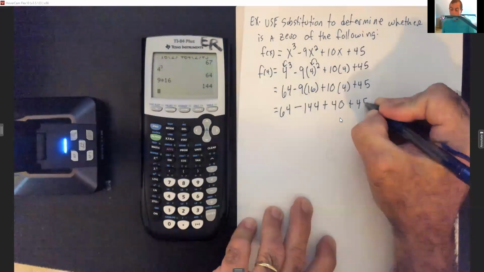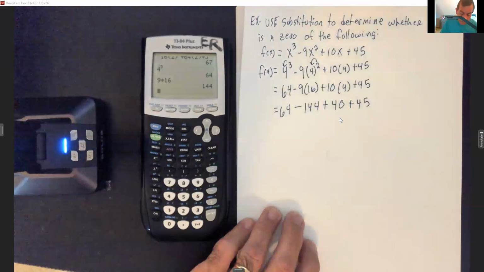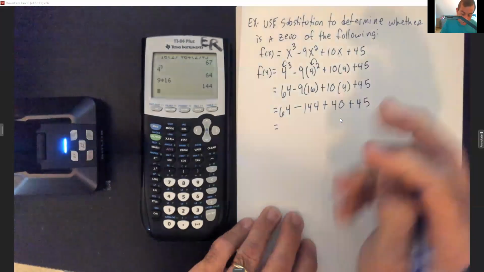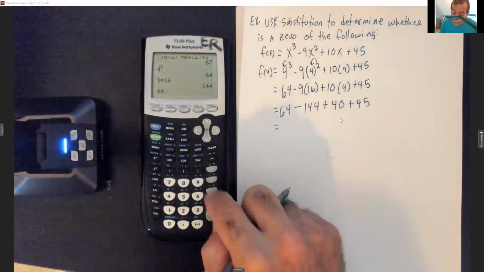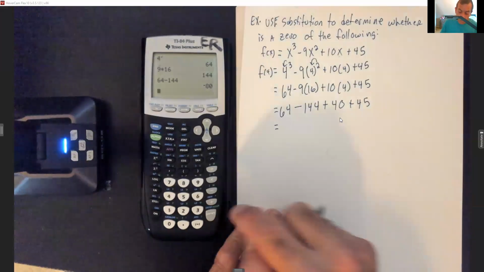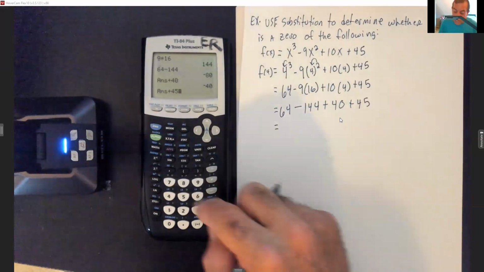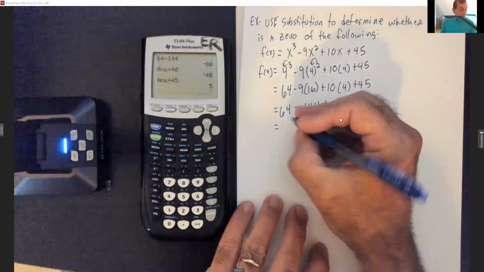All right, so let's see what we get. 64 minus 144 gives me 80, plus 40, and then plus 45. I get a 5 out of that.